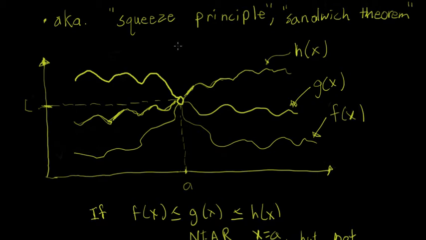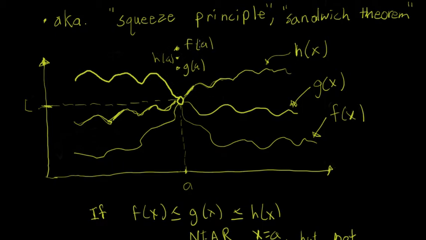For example, f of a might be here, g of a might be here, and h of a might be here, might be between the two. So this isn't the order that they're in near x equals a, but this squeeze theorem still applies.